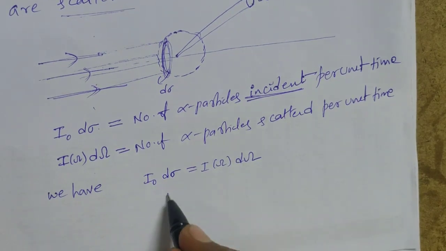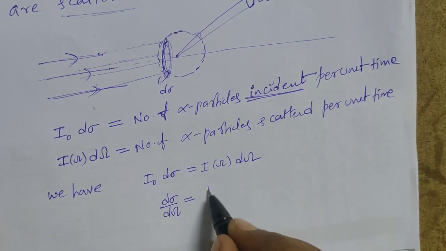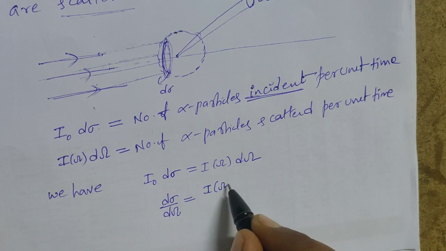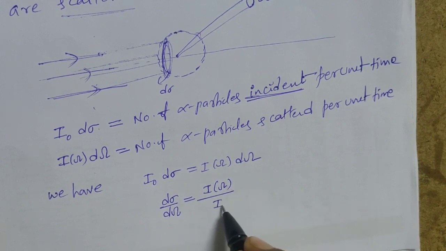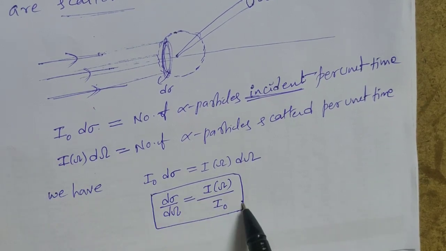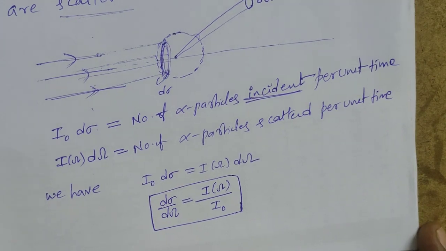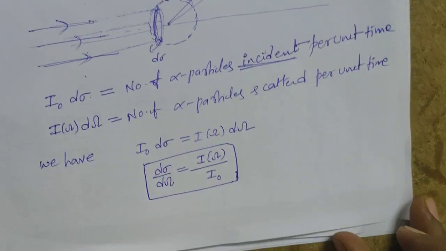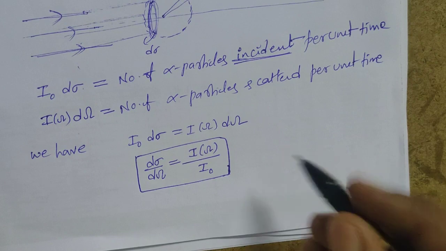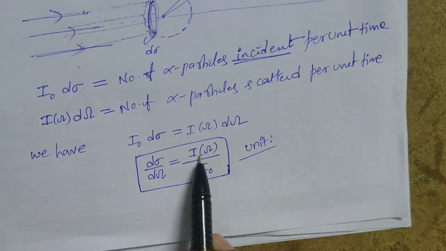Okay, so from here dσ/dΩ, that is I, the intensity of the scattered divided by the intensity of the incident. This is known as the differential scattering cross section. Remember, differential scattering cross section. Can anybody guess what the units are here?